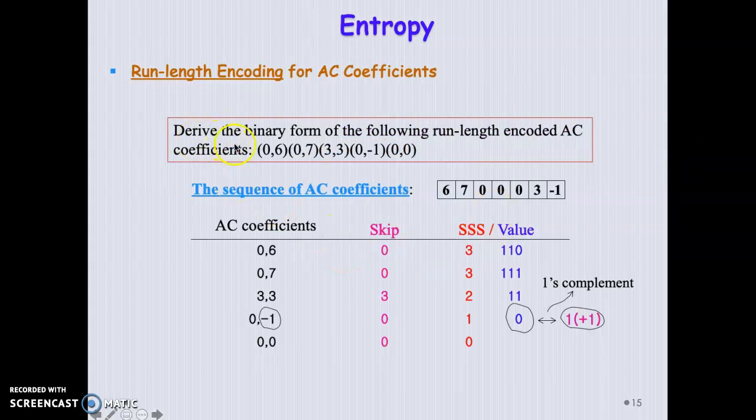For example, derive the binary form of the following RLE AC coefficient, where the coefficient is this.